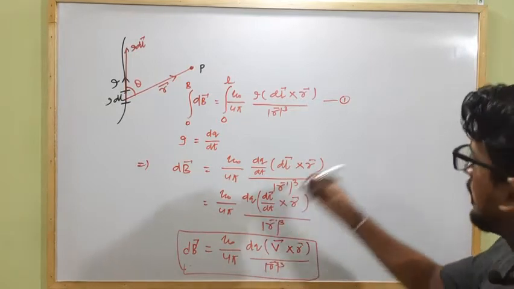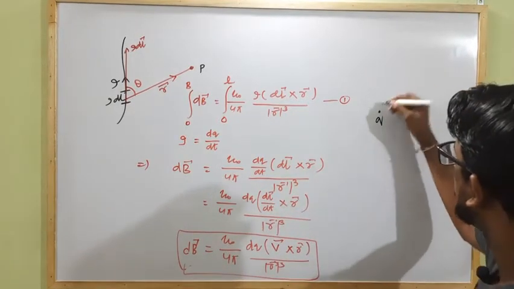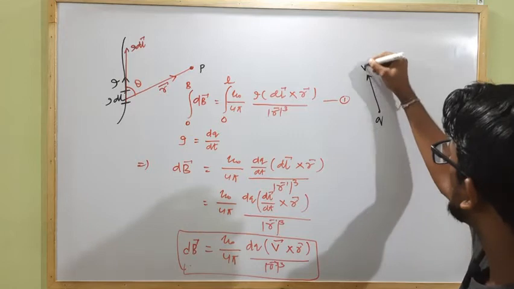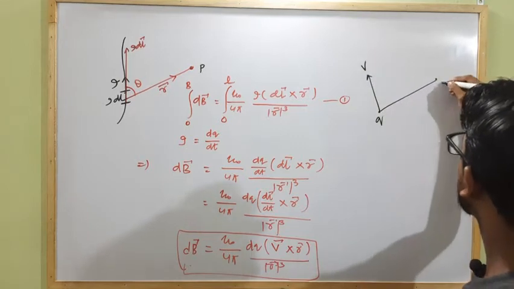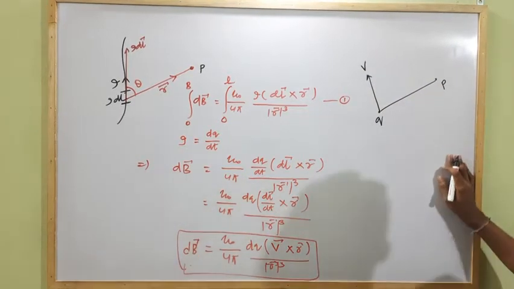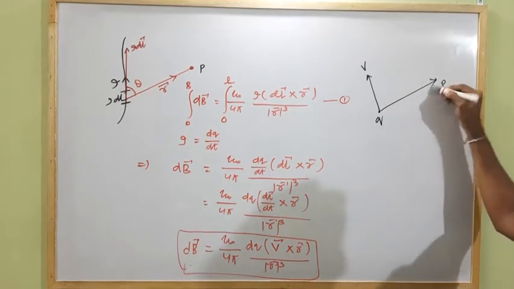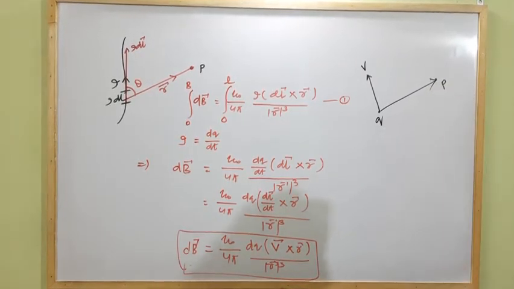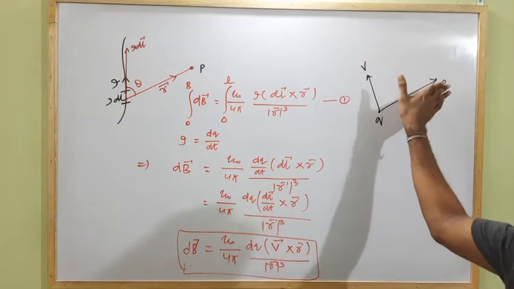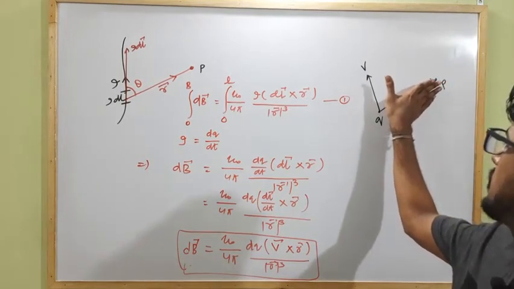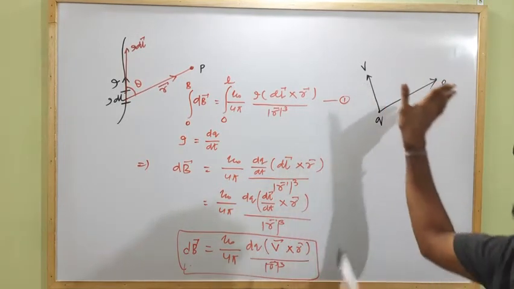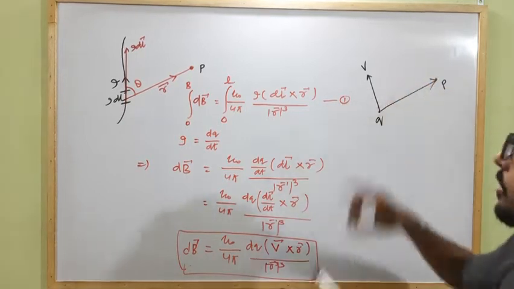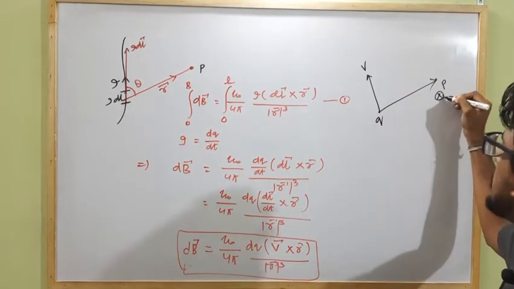For example, if here is a charge q moving along this direction v, and here is a point of observation P, I have to find the magnetic field at point P. I stretch my thumb along the direction of v and the fingers of the right hand along the direction of the position vector, then the direction of the palm, that is into the plane, will show the magnetic field using the right hand palm rule.